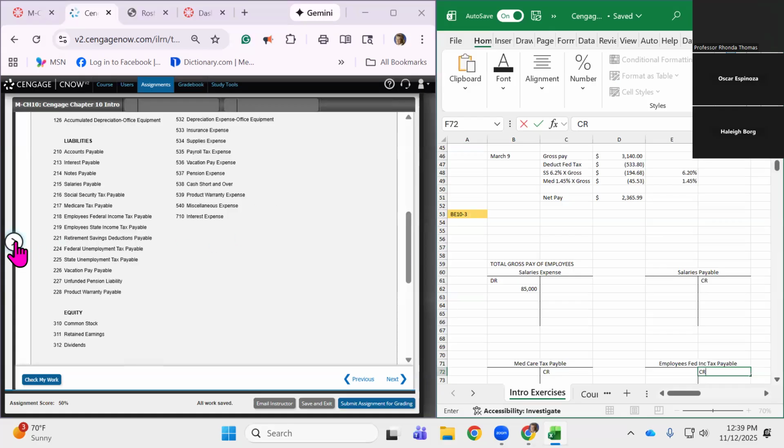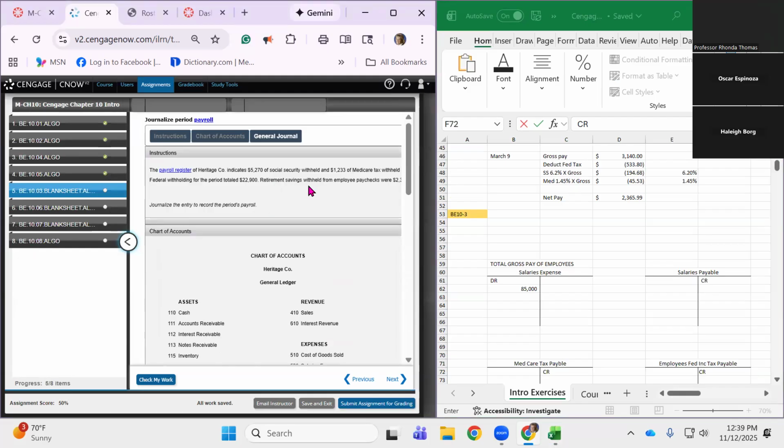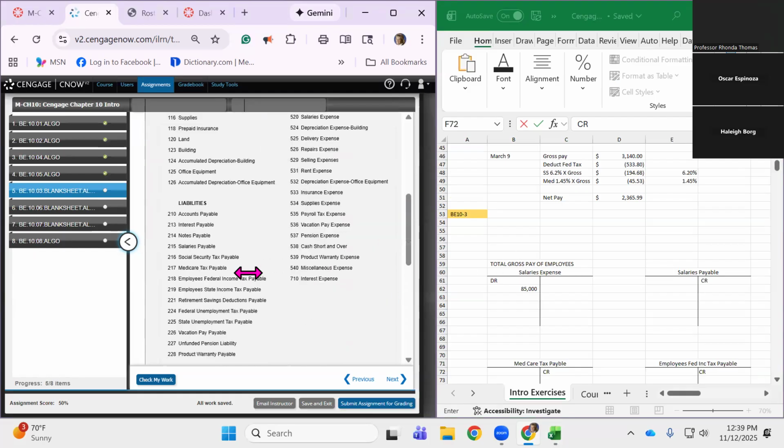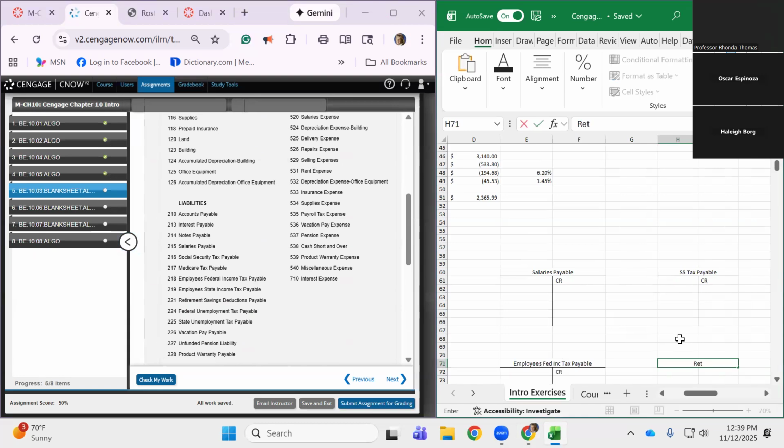And then what else do they show? Oh, retirement savings. So retirement savings withheld. So the retirement savings deduction payable. We're going to need that. Retirement savings deduction payable.